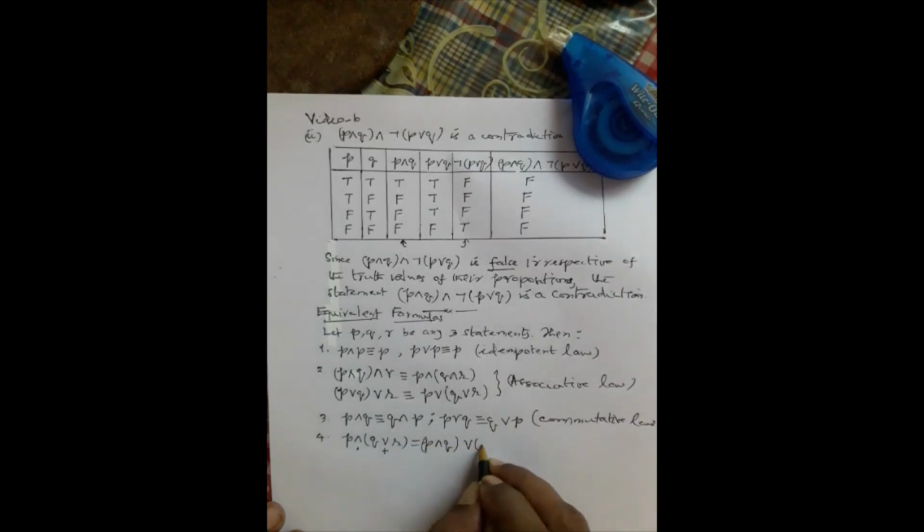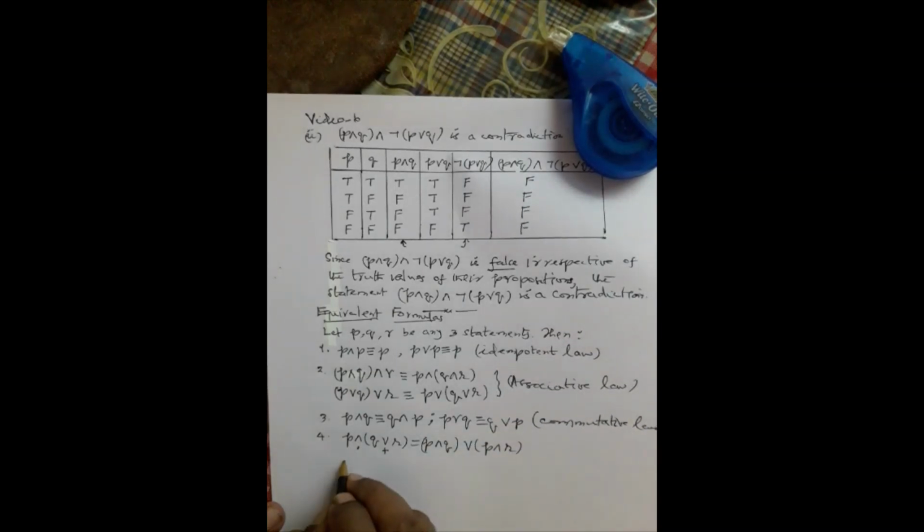Next we have the distributive law, that is, P and (Q or R). This is like dot, this is like plus. P dot (Q plus R) is P dot Q plus P dot R. The same thing works out if we have R outside and inside.